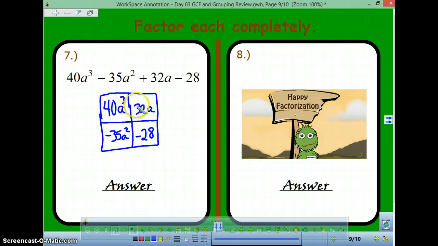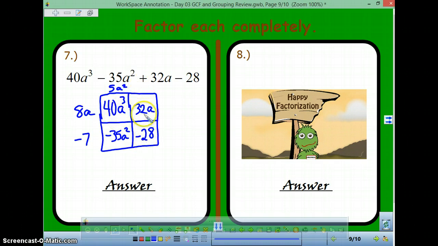So the GCF of this column would be 8a. The GCF of this column is going to be 7. And I look, the sign of my factor needs to match the sign of the closest box. Going up here, I need a 5, and I've got a squared.